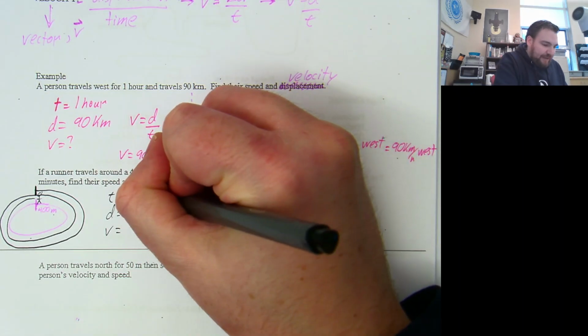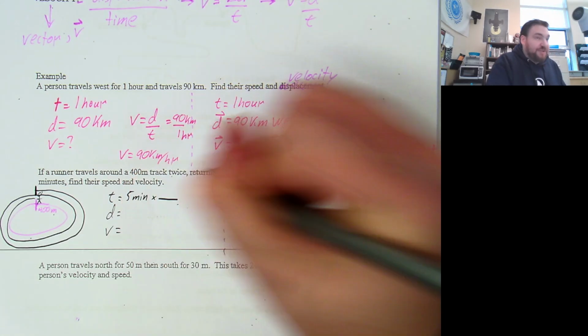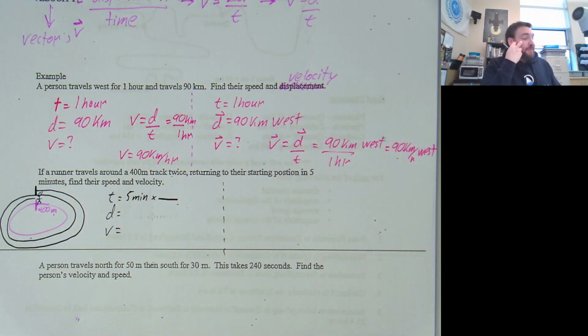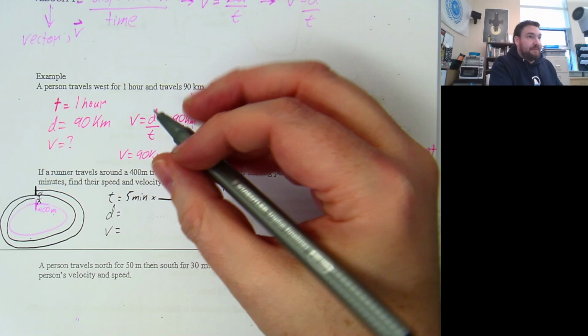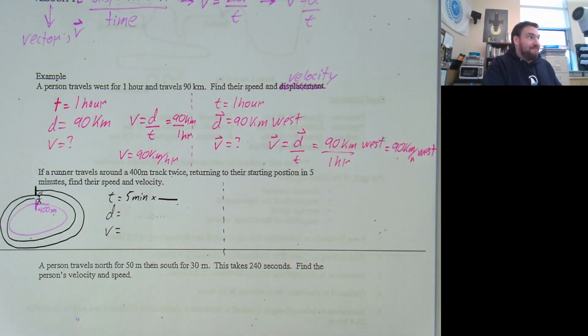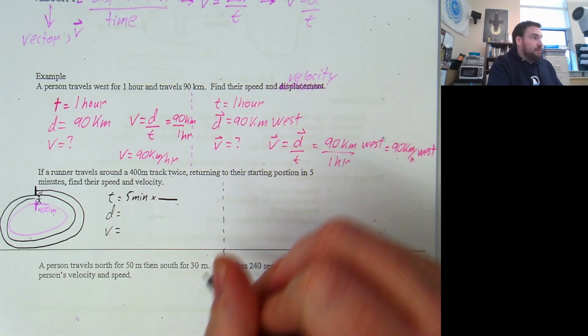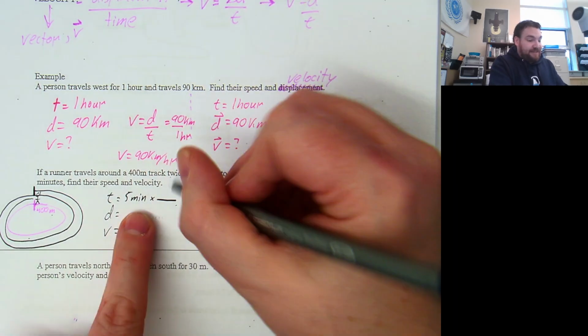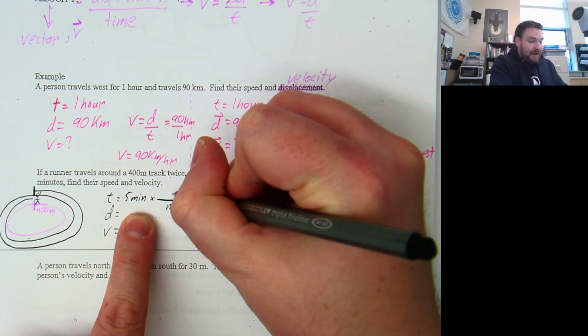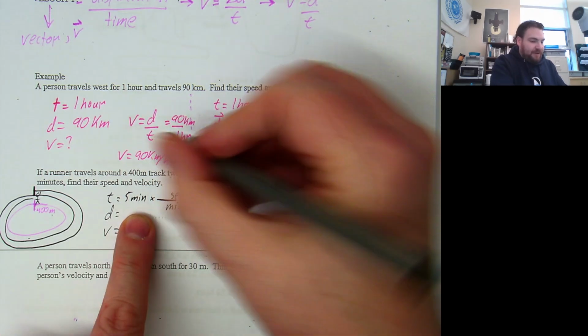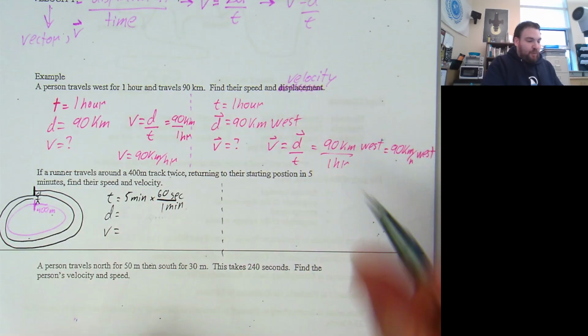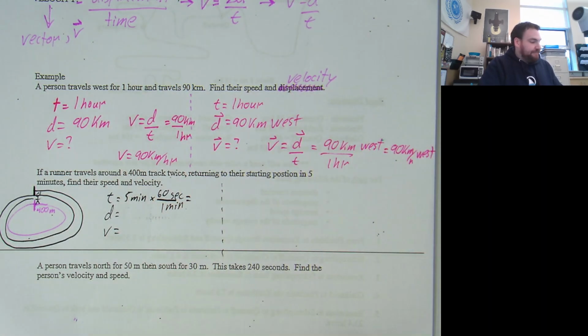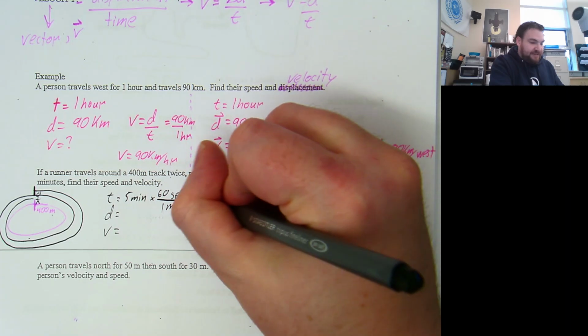So let's convert that. 5 minutes using our factor label method means I'm going to have to multiply it by what? 60 what? Per. I want to get rid of the minutes, so the minutes are going to go down in the bottom. I want seconds, so seconds are going to go up top. So this is going to be 60 seconds per 1 minute. The time then is what? 300 seconds.